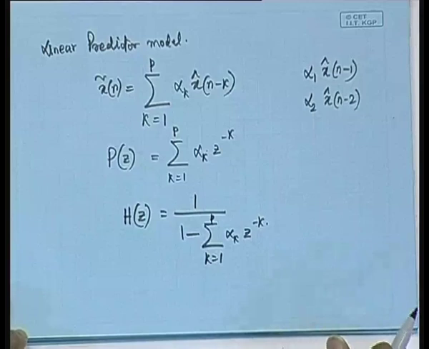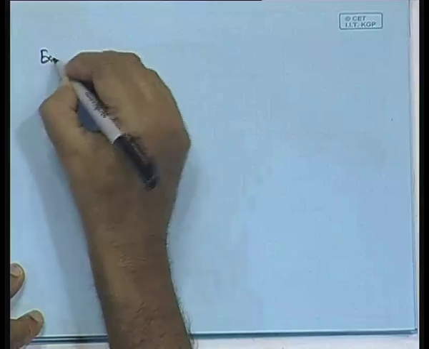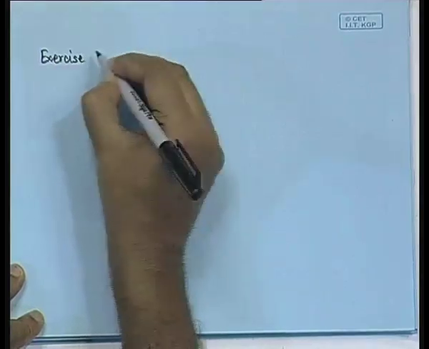Now I am assuming that many of these theories and expressions you have already done in the digital communication course. To ensure that you already have this knowledge, I am giving you a small assignment as an exercise, which you can just try out.